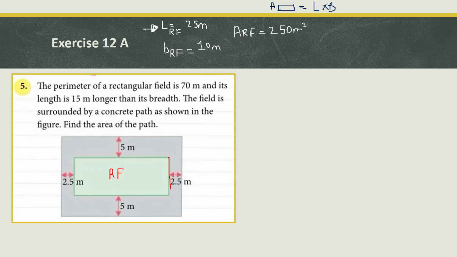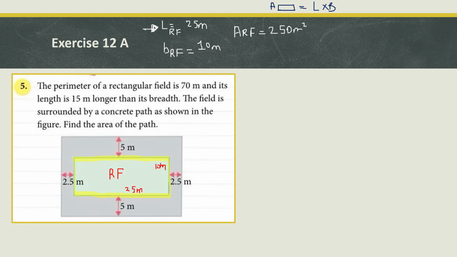So this is breadth of rectangular field, that is 10 meter. So this is 10 meter breadth, and this is basically length, that is 25 meter.